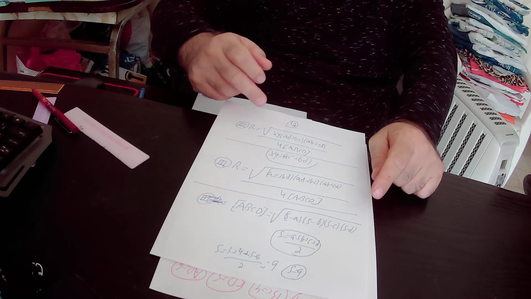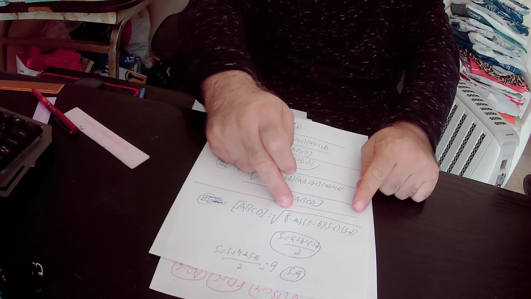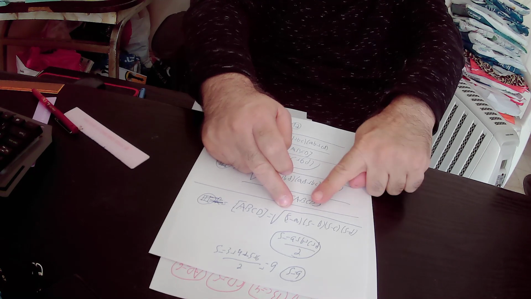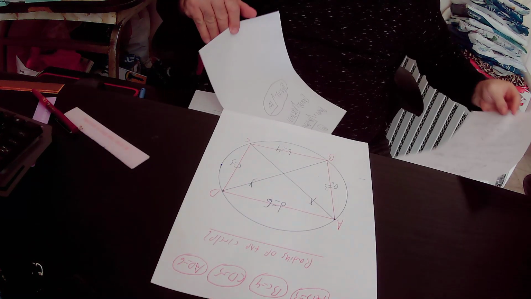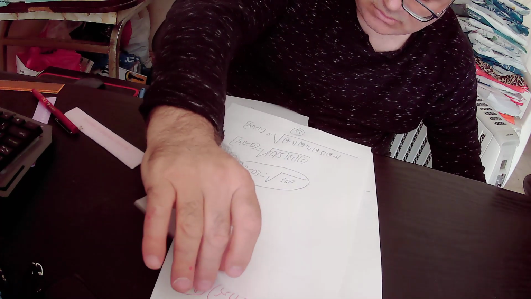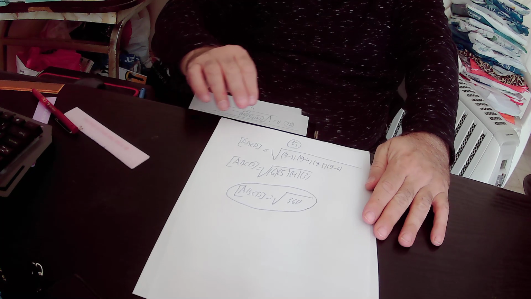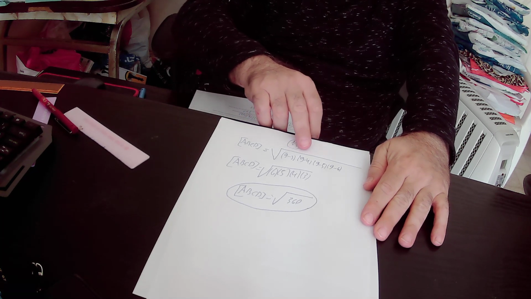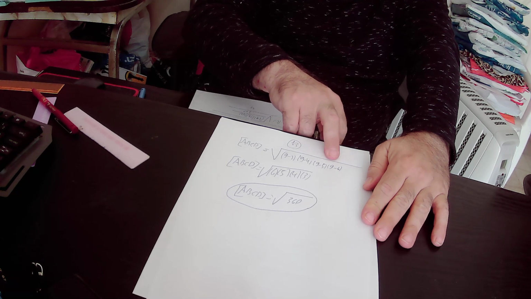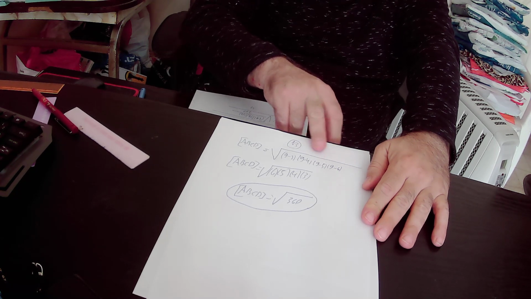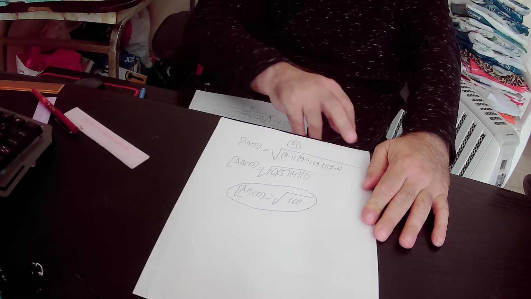So we found that s equals 9 units. So we can substitute s in this equality by 9, and we know all the other variables. So the area of quadrilateral ABCD will equal the root of 9 minus 3 times 9 minus 4 times 9 minus 5 times 9 minus 6. Here a, b, c, and d are 3, 4, 5, and 6.